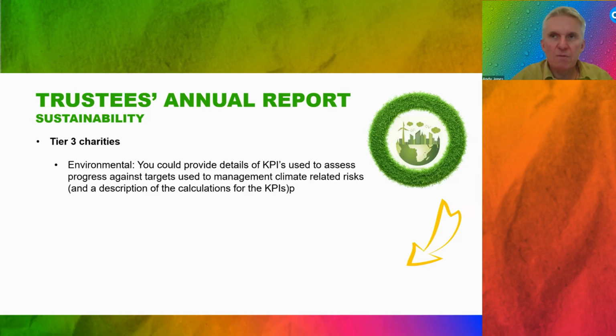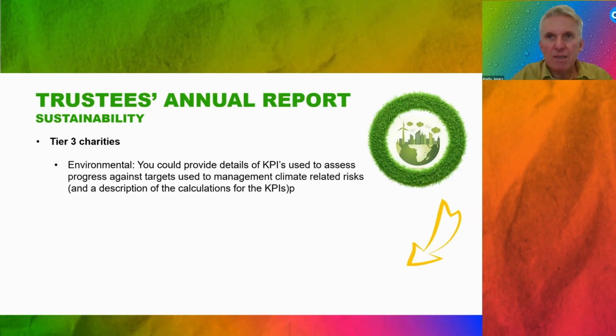I think as well in the environmental space, obviously Glenn's mentioned that if you're a limited company, then the streamlined energy carbon reporting requirements come in here, and that's a really useful way, if you're a larger company, of being able to demonstrate KPIs for environmental factors.